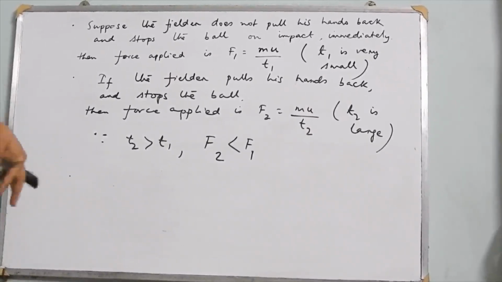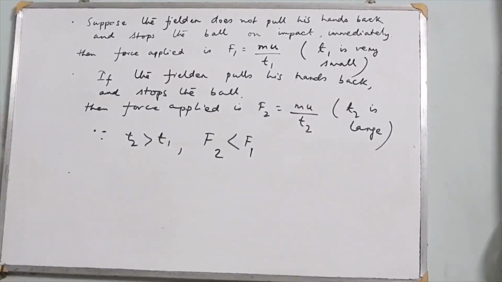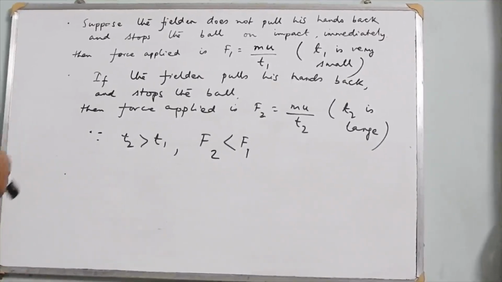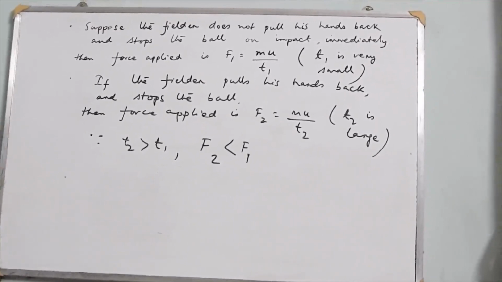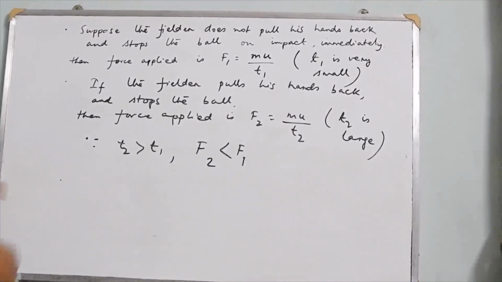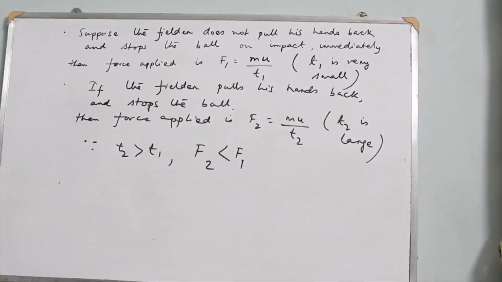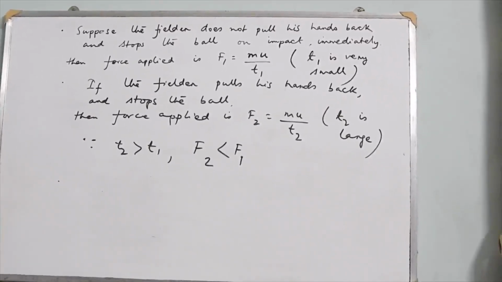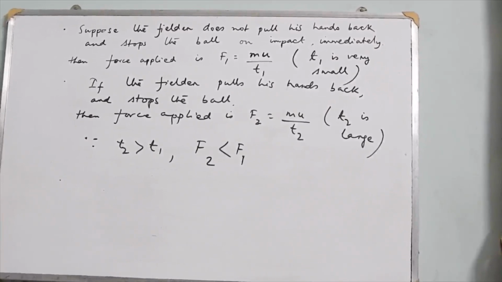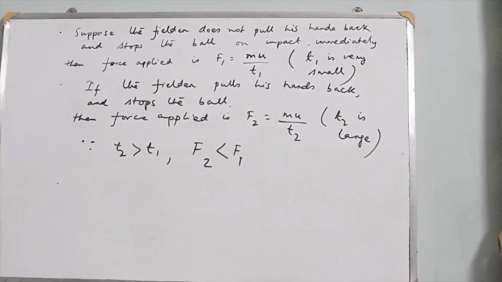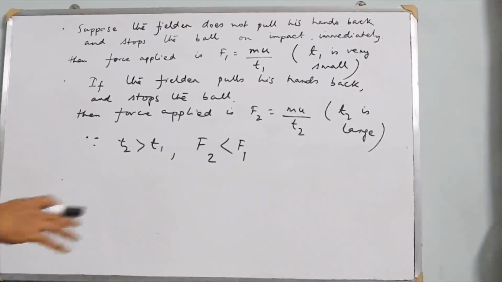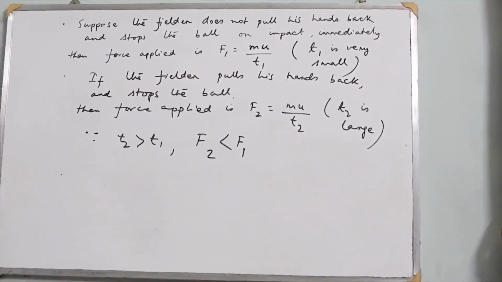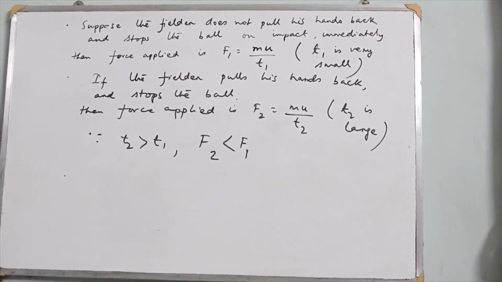But if the glass vessel is made to fall on some carpet or sand, then the time duration in which the vessel comes to rest on the carpet or on the sand is definitely large. And as the time duration is large, the force exerted by the floor over which carpet or sand has been laid is reduced, and therefore they do not break.